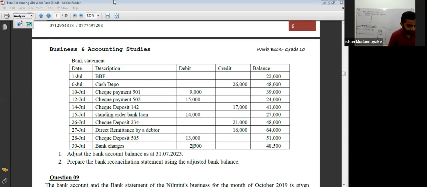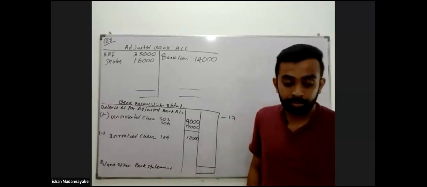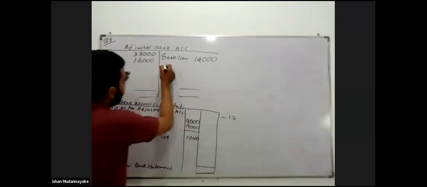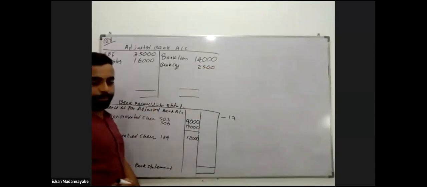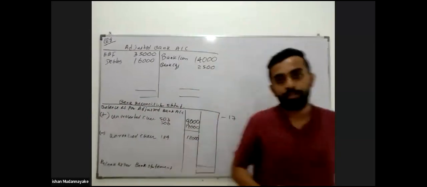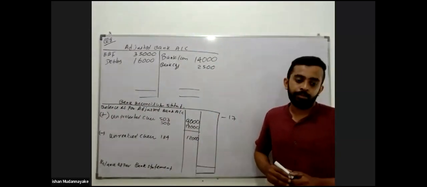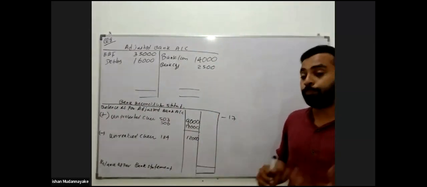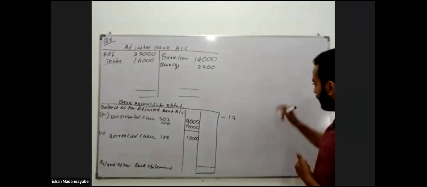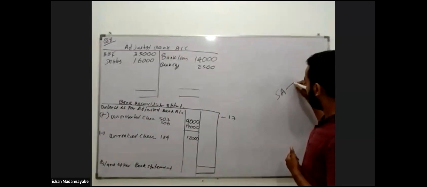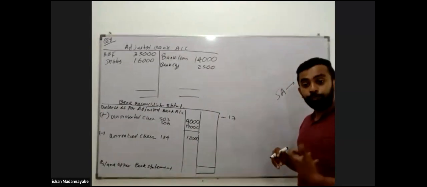All right. Then here, bank charges 2,500, adjusted bank account credit, and then bank charges expense account debit. Bank charges are an expense. If you have a current account, you need to pay a charge to the commercial bank. If you have a savings account, the commercial bank will pay you interest.